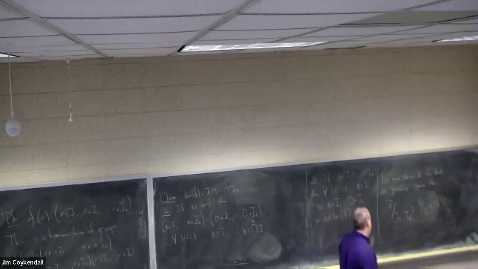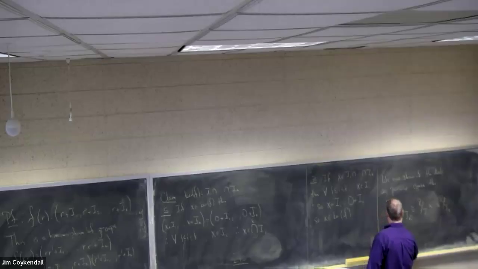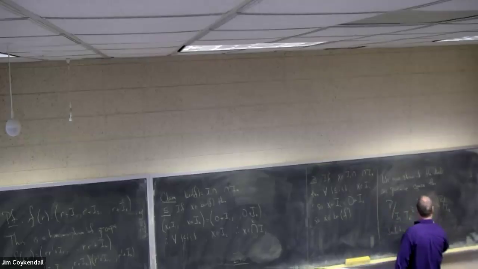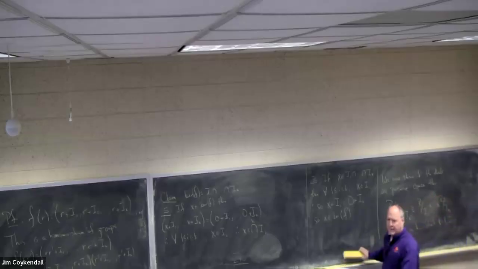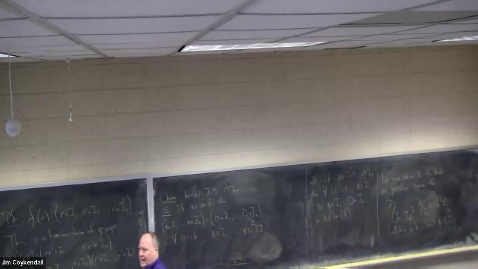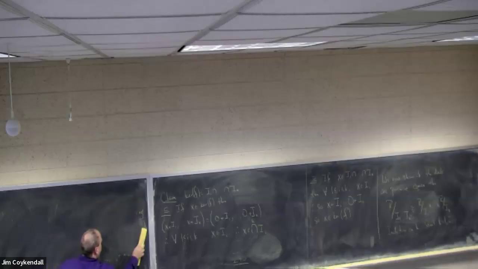I'm going to go by induction on K, and I'm going to look at two base cases. In the case that K equals one, this is obvious, because this equation reads R mod I is isomorphic to R mod I. So that's silly. The case for two ideals is really the heavy lifting. This is one of those proofs where the base case is heavy work and the general case follows readily from this.